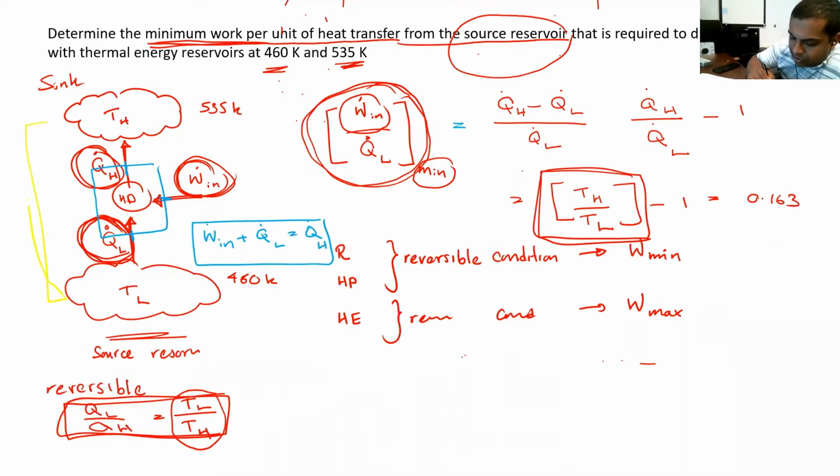So you should know how to draw this diagram. Then you should be able to write this energy balance equation. In the case of a reversible system, you can write this relationship between heat flows and temperatures of the reservoirs.